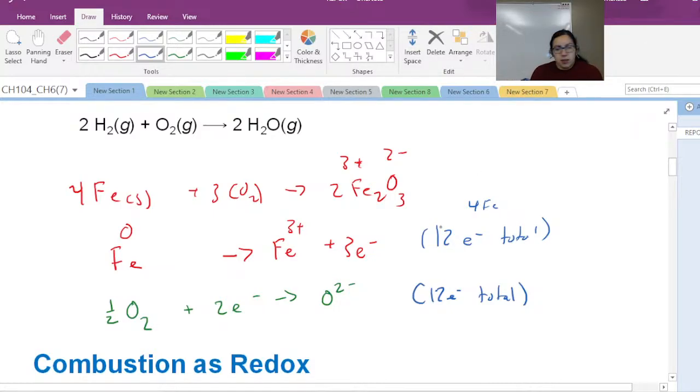So the iron lost 12 electrons total with 4 equivalents of iron, and then the electrons were picked up by the oxygen. So that's the important part of the redox. So we can say iron is giving electrons, so that means that our oxygen is receiving.